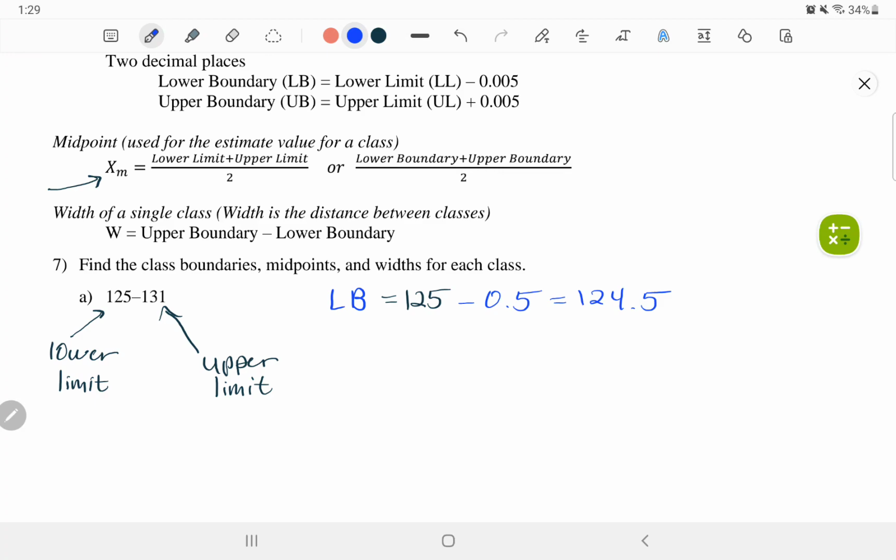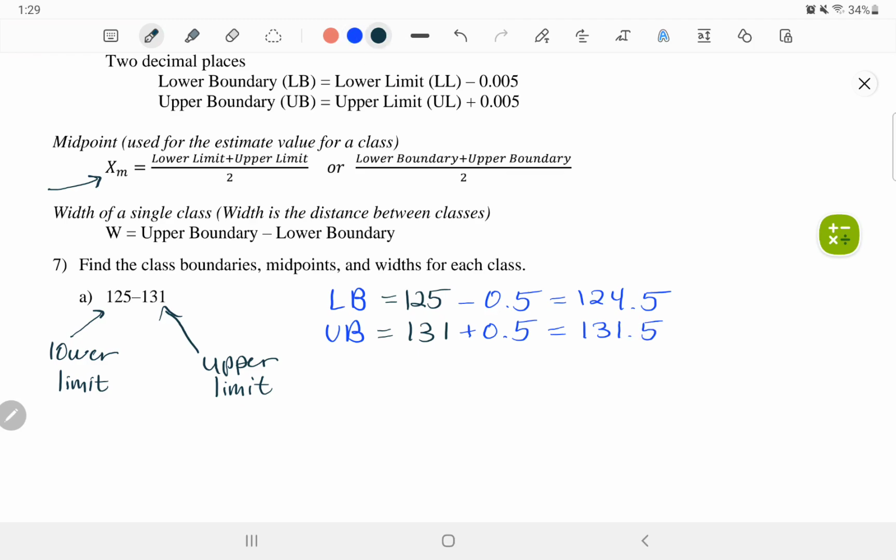To find my upper class boundary, which I'm going to call UB, that is equal to the upper class limit, 131, plus 0.5, and that equals 131.5.